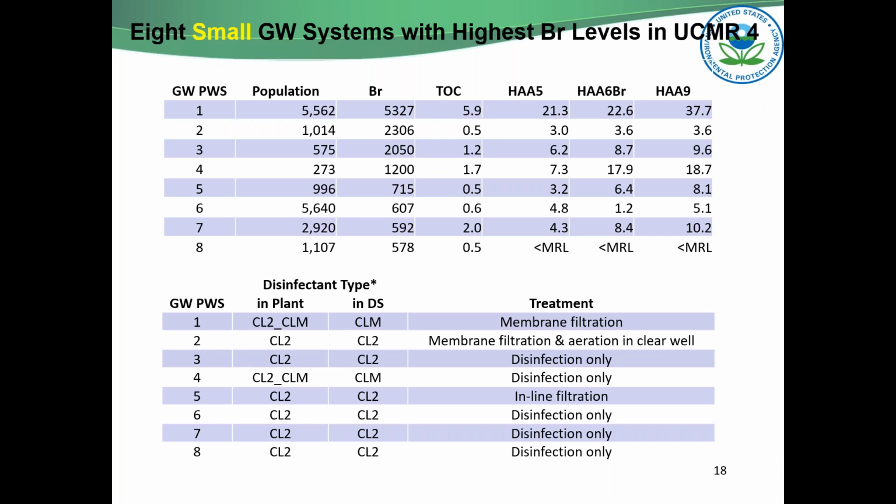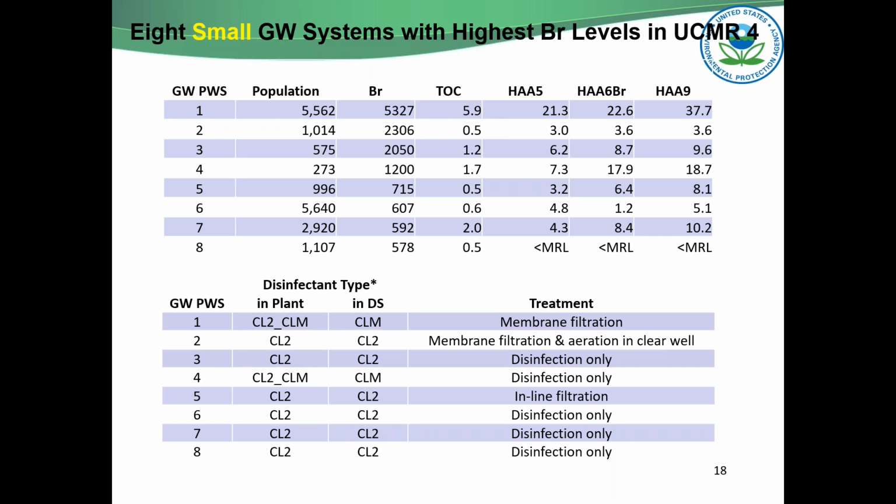So this looks like perhaps an anomaly, why they have such low TOC and why they're installing membrane filtration. We intend to explore further what we can understand as the data set becomes more complete and as we reach out to our stakeholders about some of this information.